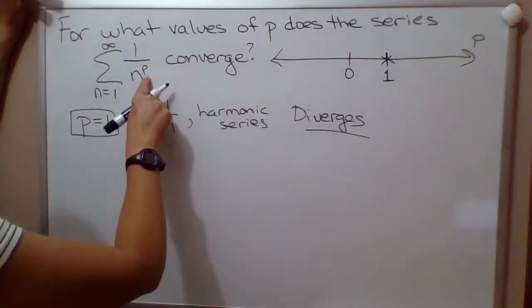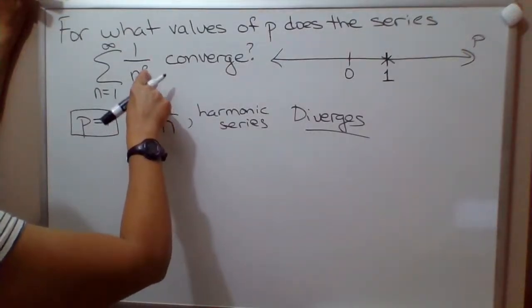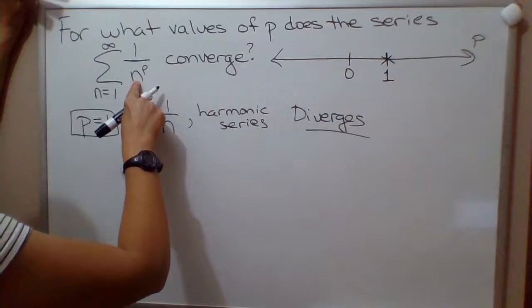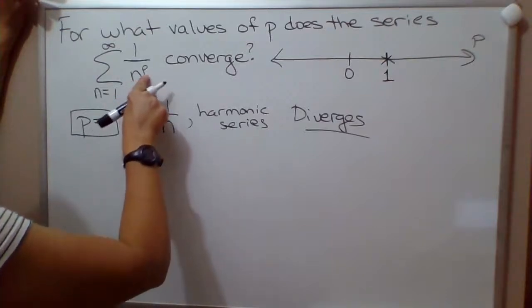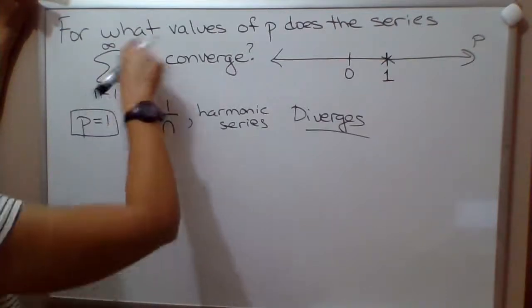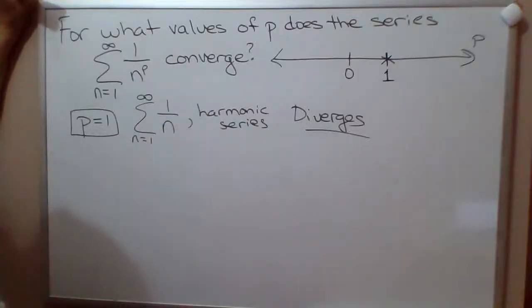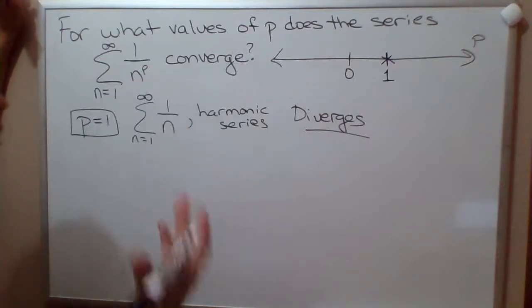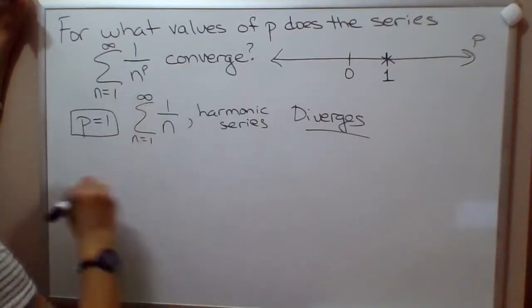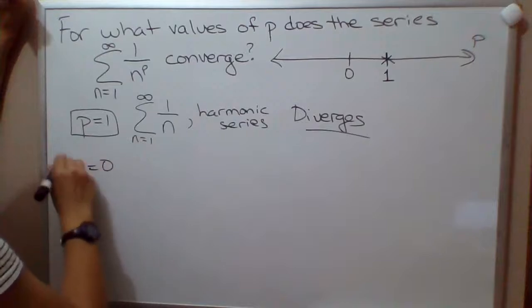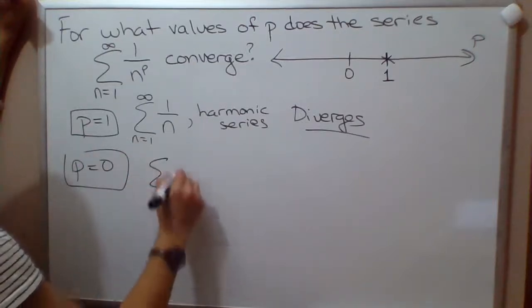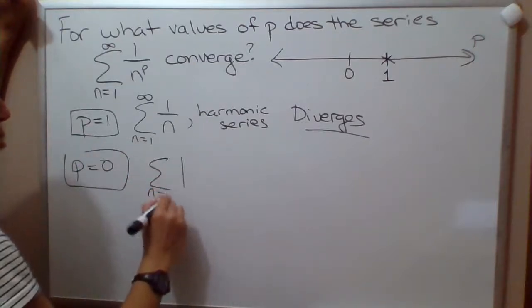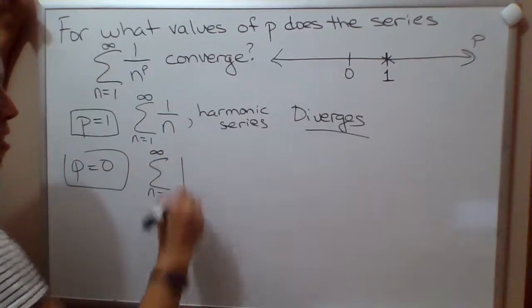If P equals 0, then we have a non-zero base, because n is 1 or bigger, raised to the 0 power. This really just becomes the constant 1, so that's 1 over 1. So for that series, P equals 0, we basically have just 1 plus 1 plus 1 plus 1.